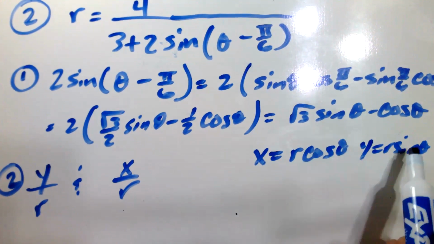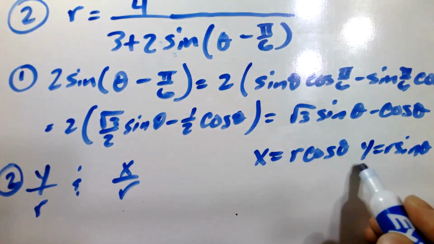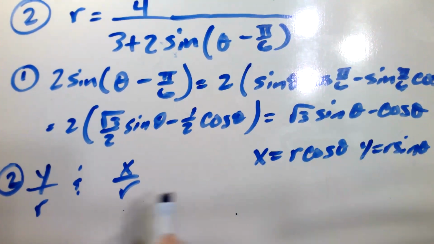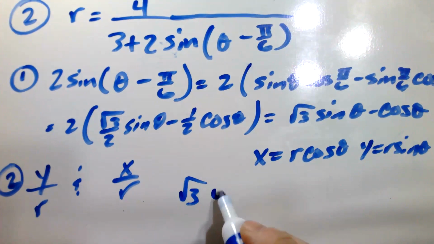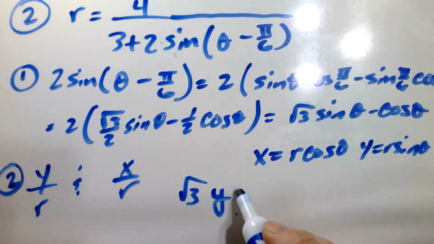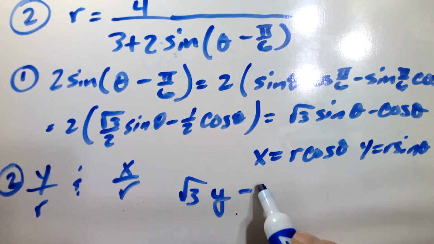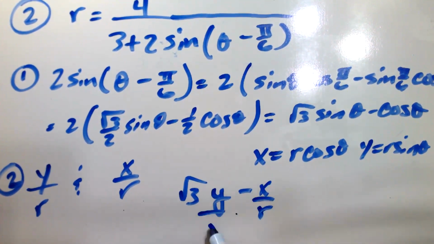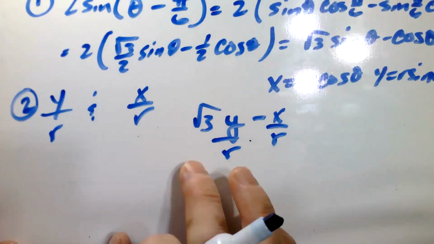So every sine theta will be a y over r, and every cosine theta will be x over r. So square root of 3 sine theta is going to give me a y minus, cosine theta, so it's going to be x over r. Right there. So that's going to give me an x over r. I put the r there. Okay. So that's part 2.